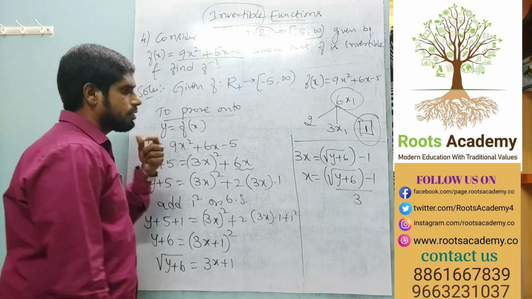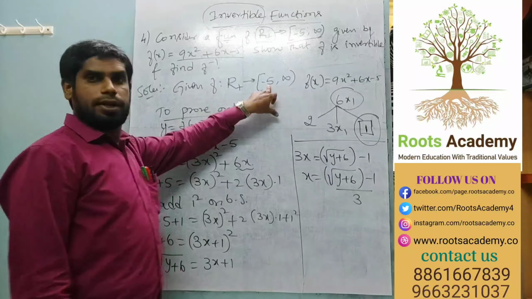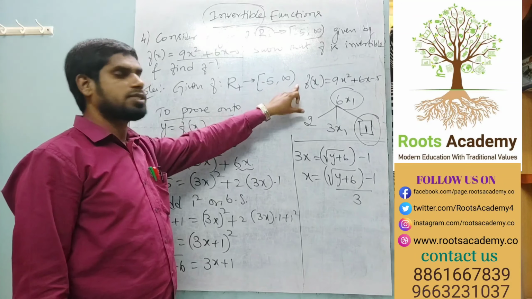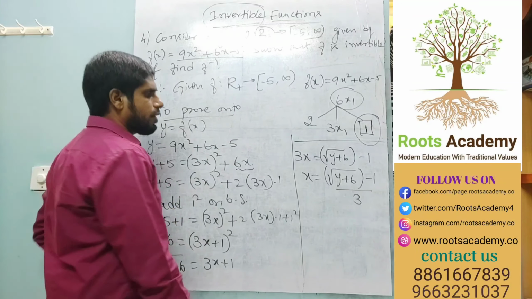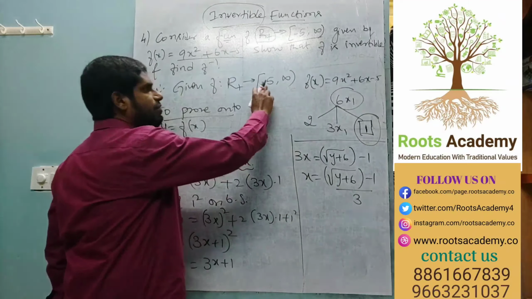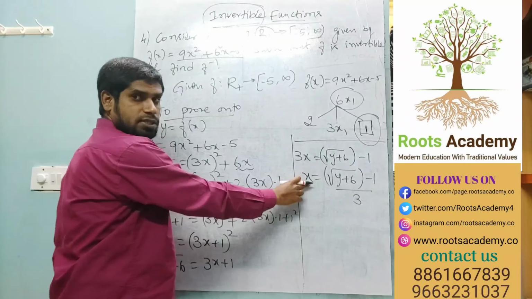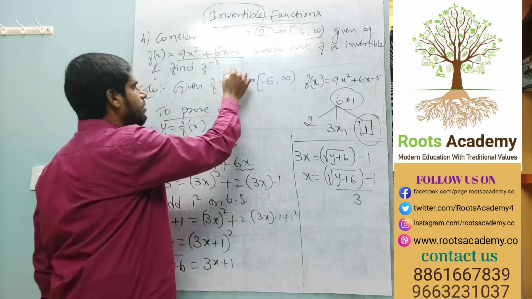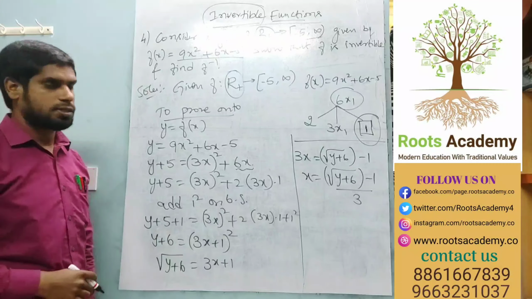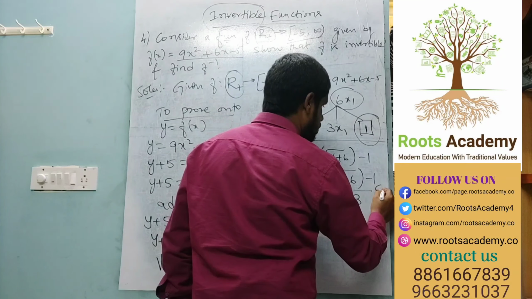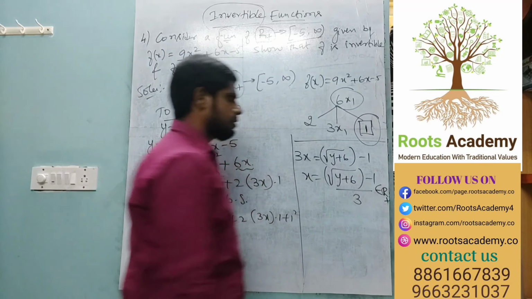Now students, here the codomain starts from minus 5 and ends at plus infinity. So I can give any value to y between minus 5 to infinity. For those values, x is always defined in our positive real numbers. So therefore it belongs to R plus.